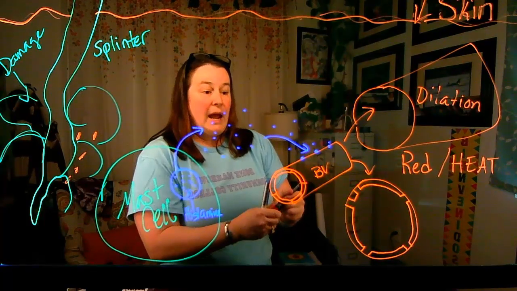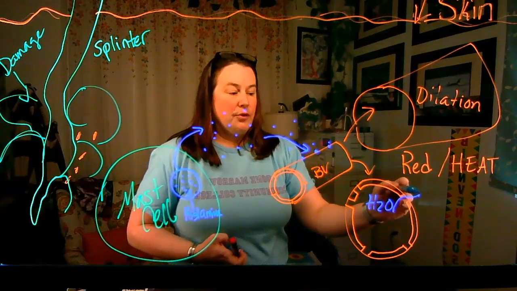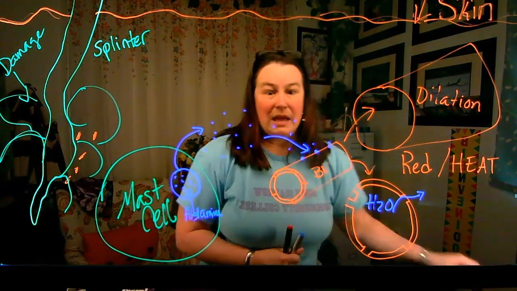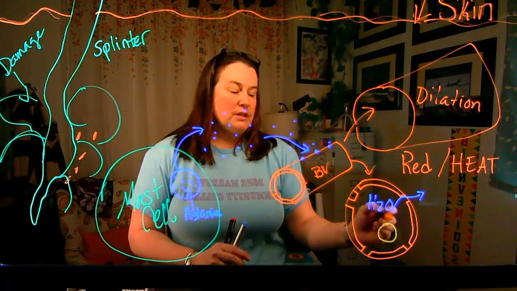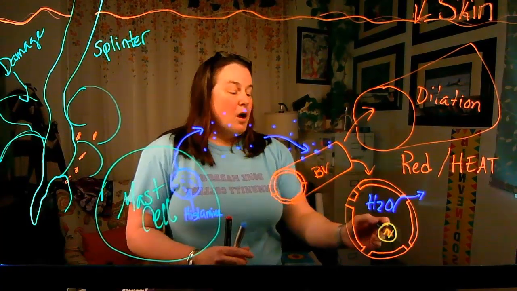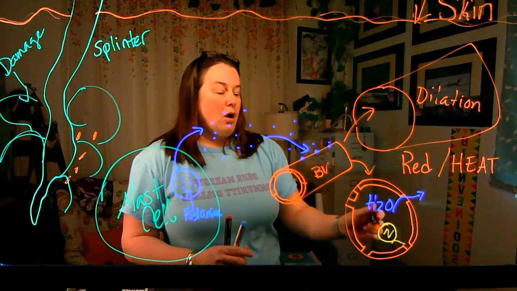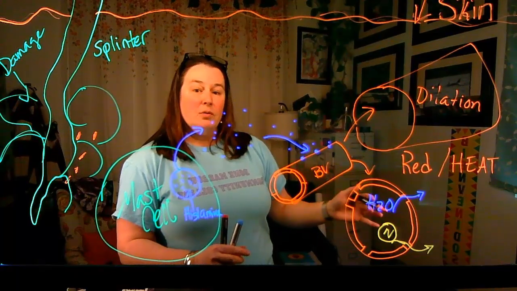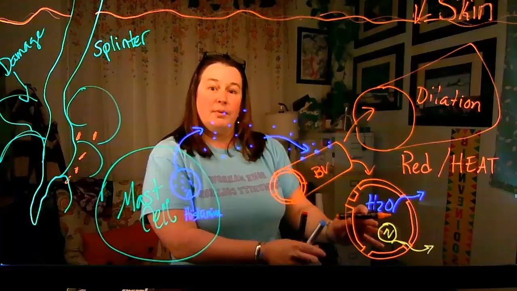Now water on the inside is able to leak out through these gaps, and giant white blood cells, the macrophages, the T helper cells, the neutrophils, we'll put an N in here for a neutrophil, are also going to be able to do a process of margination. They're going to tumble along to the edge, and they're going to be able to squeeze their way out of this gap that was formed by the increased capillary permeability.